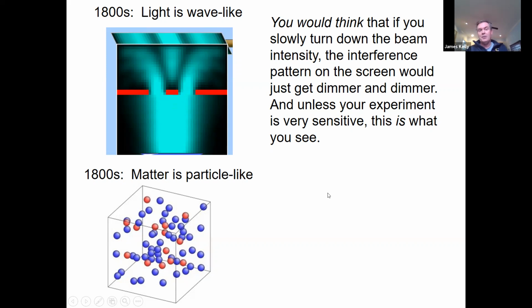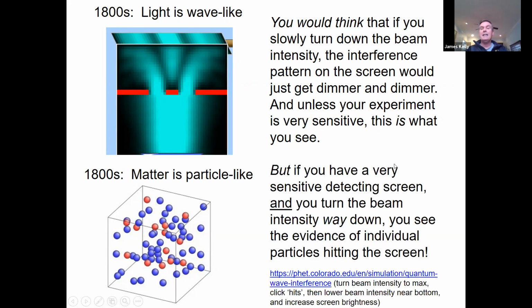And generally you will see that unless your detector on the back wall is very sensitive, you're just going to see it fade away to nothing. But if you have a very sensitive detector, then you'll see that that doesn't happen and something different happens. We can detect individual photons coming through.